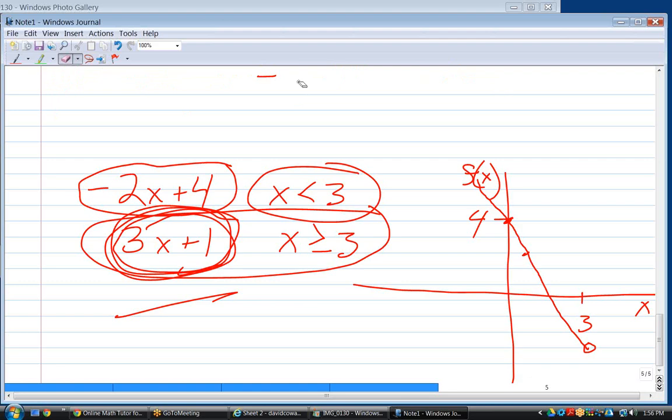Okay, so that's what f of x is when x is 3. So if I want to know where my starting point is, I go up to 10 when x is 3, and it's a closed dot, because when x is actually equal to 3, I'm 10. I'm not minus 3.